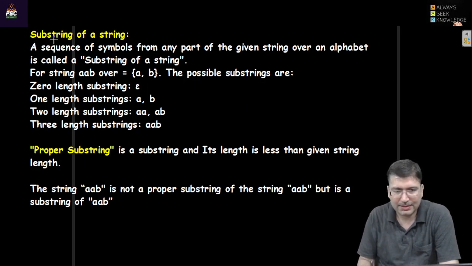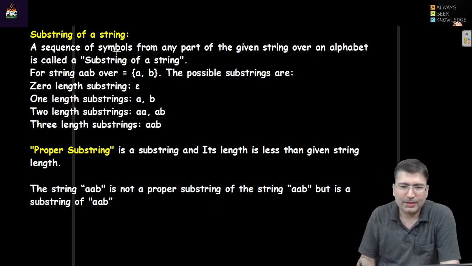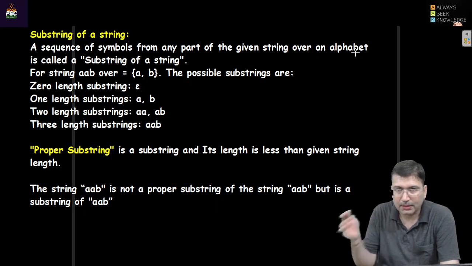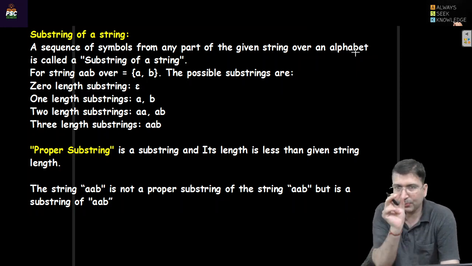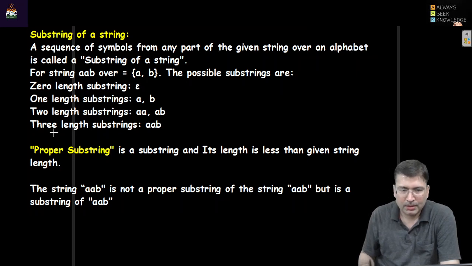Now the next thing is we can find the substring of a given string. So what is a substring? A sequence of symbols from any part of the given string over an alphabet, from anywhere you pick one portion and consider it a substring.